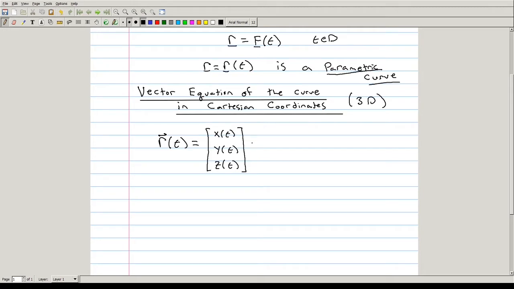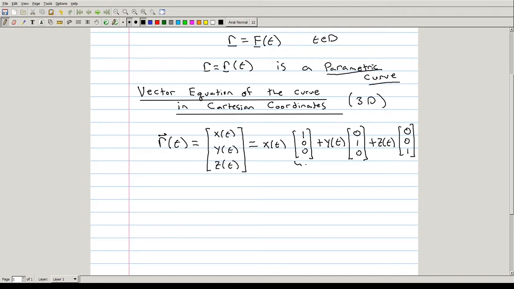This is one really nice way of writing this down, but a different way would be to write it as, if you remember basic vector addition and subtraction, the same thing as saying x of t multiplied by the vector 1, 0, 0, plus y of t multiplied by the vector 0, 1, 0, plus z of t multiplied by the vector 0, 0, 1, which are just the unit vectors pointing in the individual Cartesian coordinate directions.